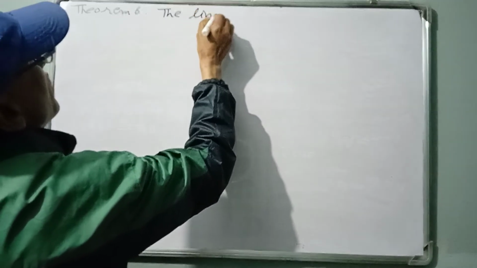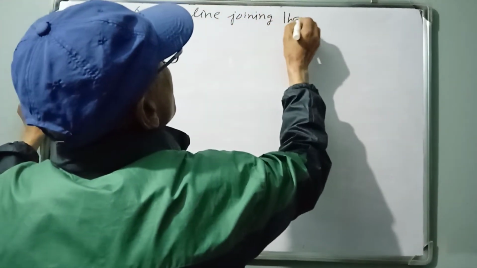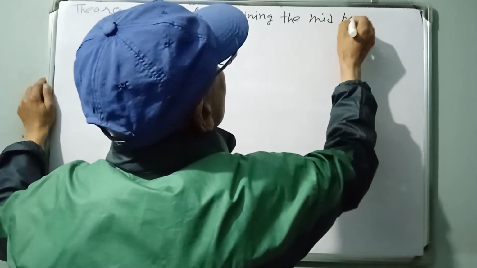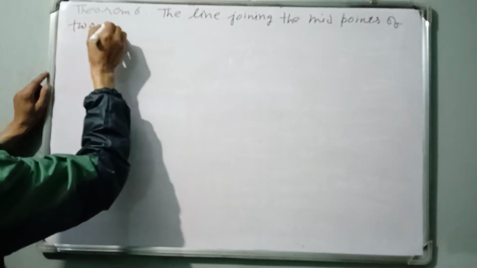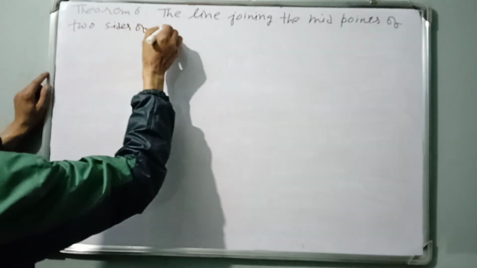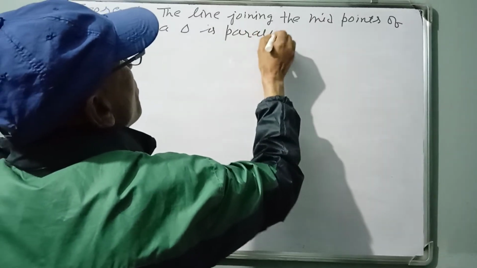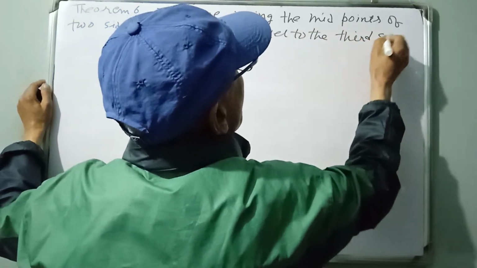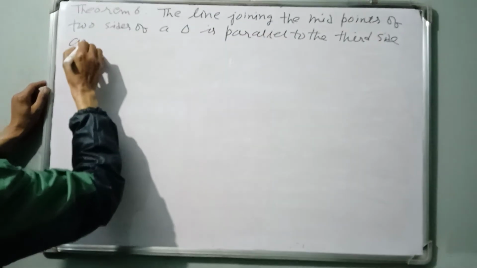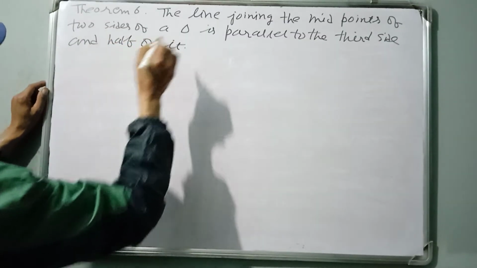The line joining the midpoints of two sides of a triangle is parallel to the third side and half of it. Now, how to draw the diagram just by seeing the question?